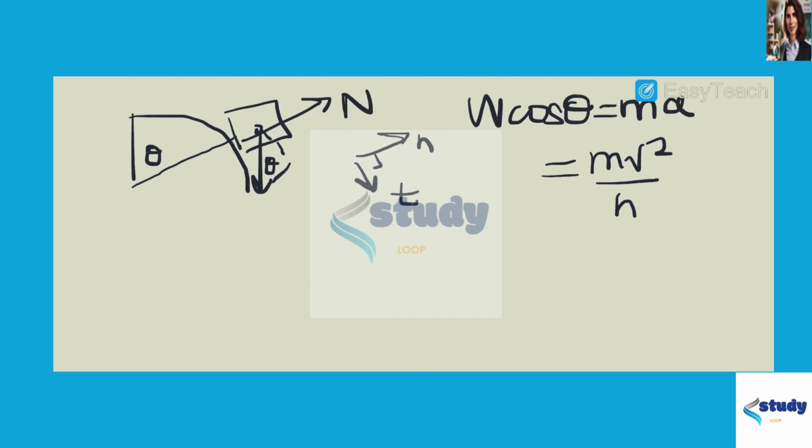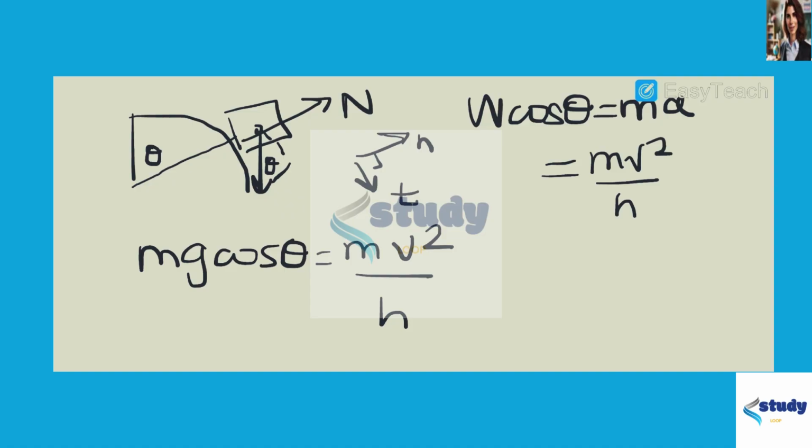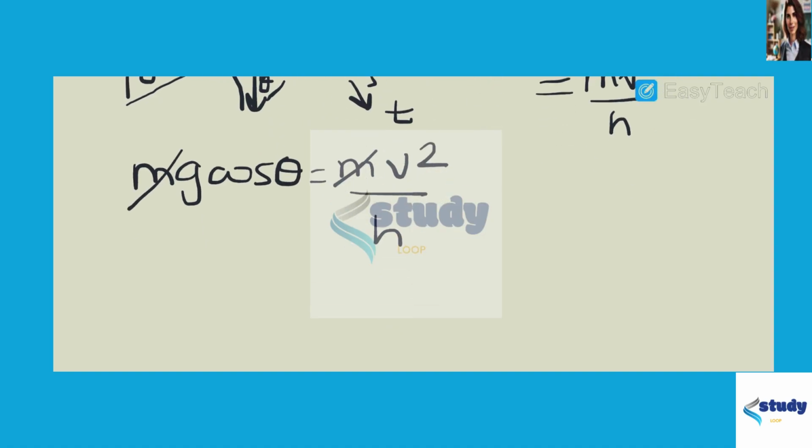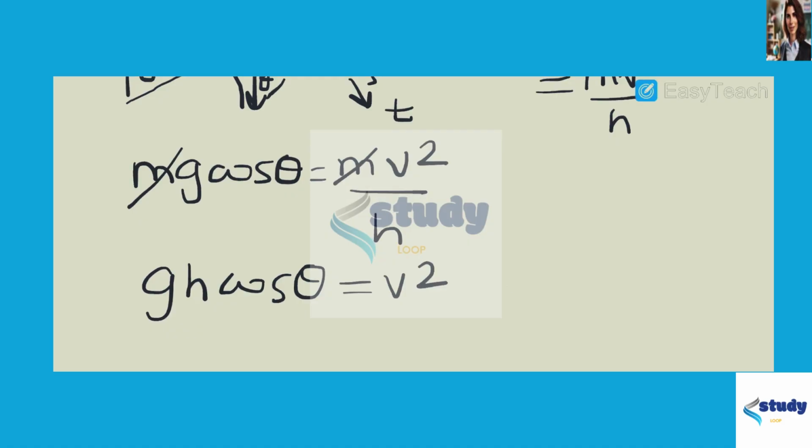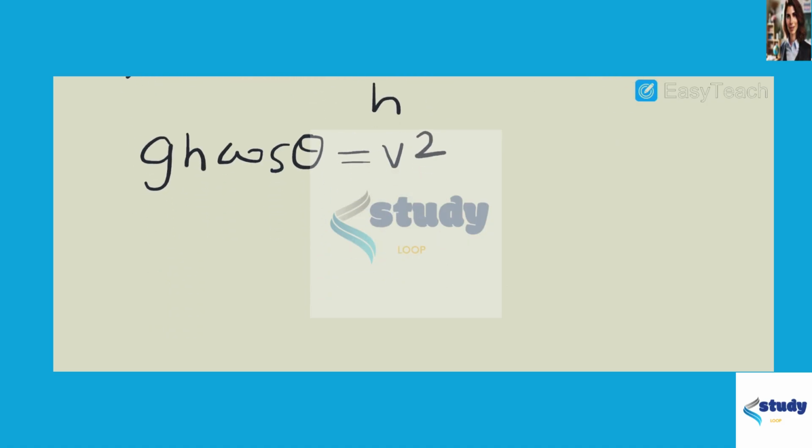Plugging in for W, which we know to be mg, we have mg cosine theta equals mv squared over h. We can cancel out the m's, and we find that v squared is simply equal to gh cosine theta. We'll see why this comes in handy later on.